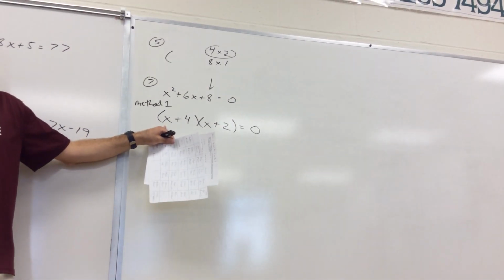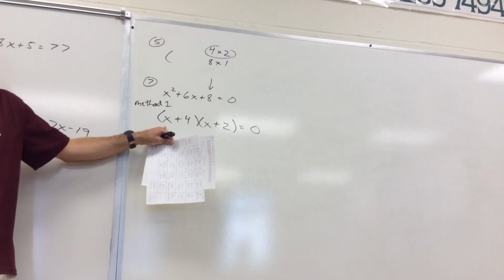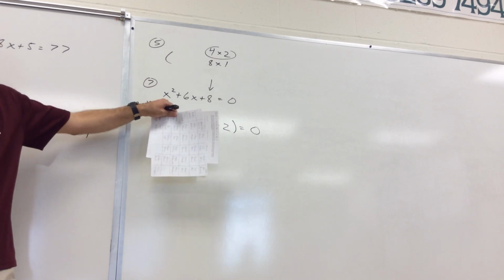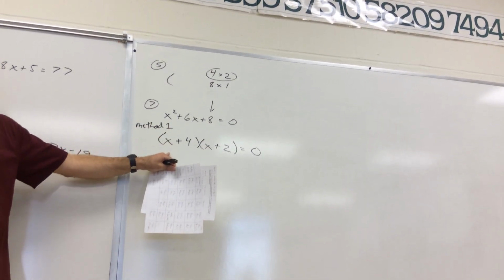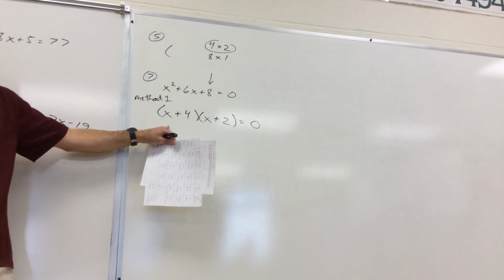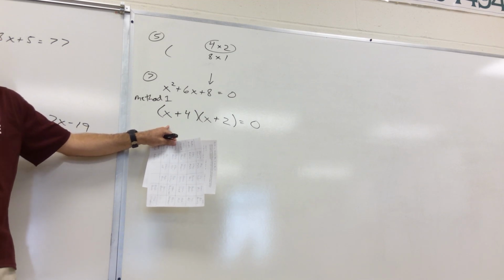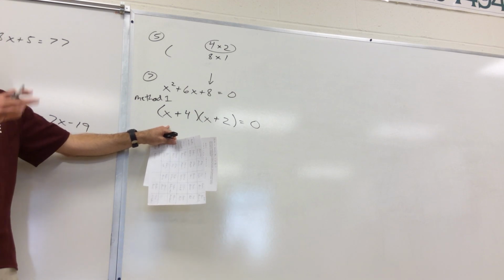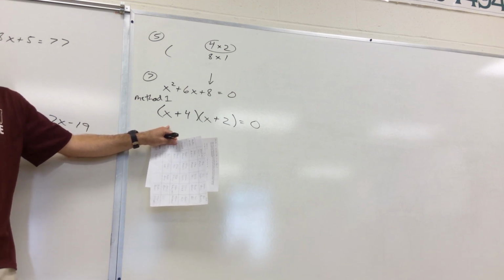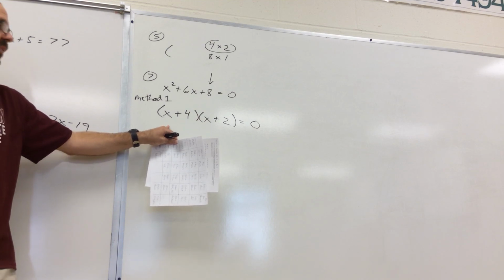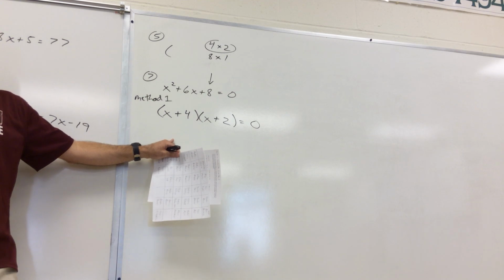So I'm going to do this problem twice. This is the factoring method. I took the x squared plus 6x plus 8 and put it into parenthesis form, and now it's factored out. So maybe you know what to do next, but is everybody okay with what we've done so far? All right, so then what comes next?